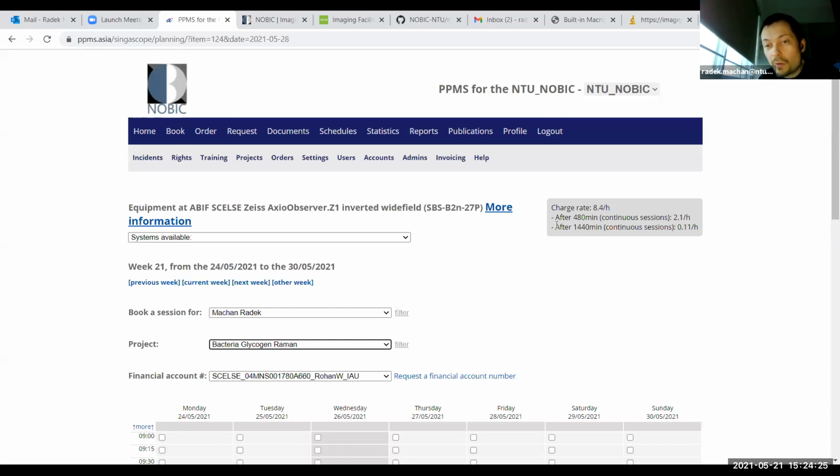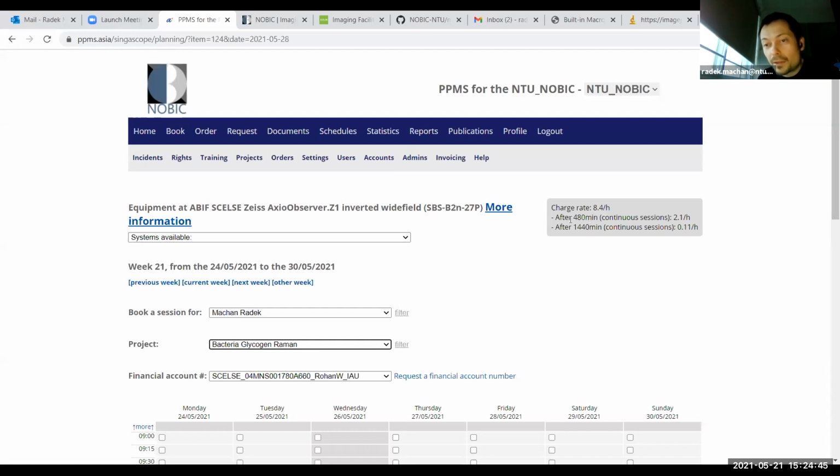And for all microscopes, there is a long-term discount. If your experiment is very long, like a long-term time lapse, then it might be very costly if the whole time is charged at the same rate.